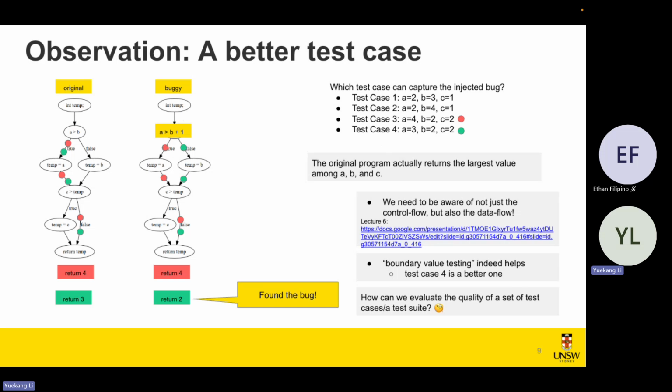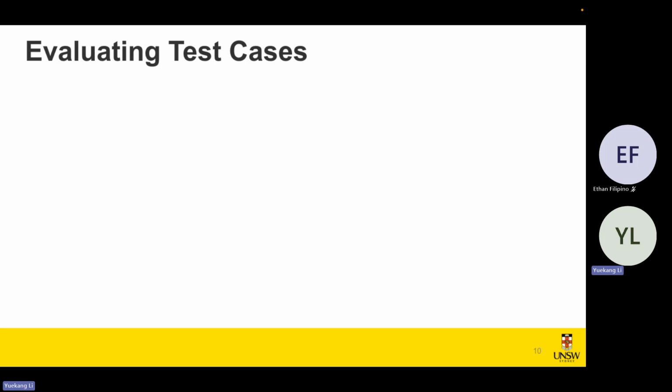So how can we evaluate the quality of a collection of tests, which is also known as a test suite? Let's think about this problem. For target programs or target software, we create test cases to evaluate their quality.